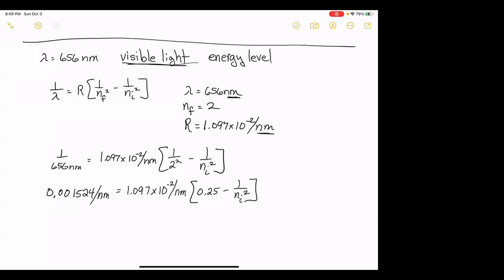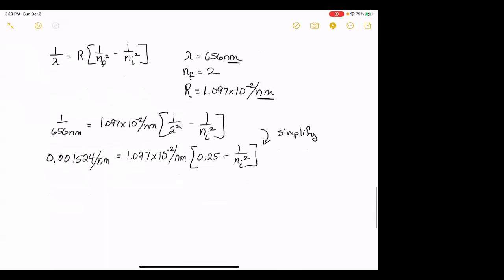So this was just simplifying everything. Then I'm going to divide both sides by the 1.097 times 10 to the minus 2.